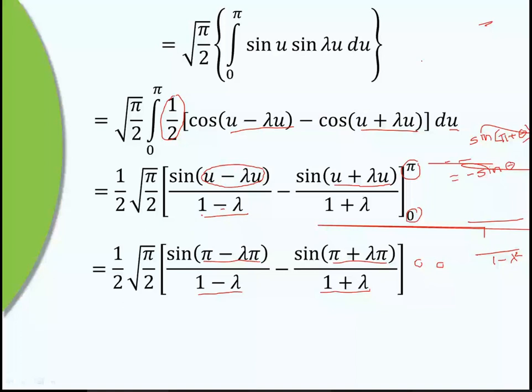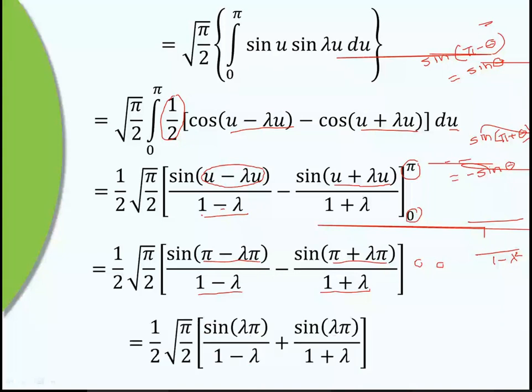Sine of pi minus theta is sine theta, and sine of pi plus theta is minus sine theta. These are standard formulas, so you can make use of them. This becomes sine lambda pi, and this becomes minus sine lambda pi. Minus minus becomes plus, so we get sine lambda pi plus sine lambda pi divided by 1 minus lambda, 1 plus lambda.